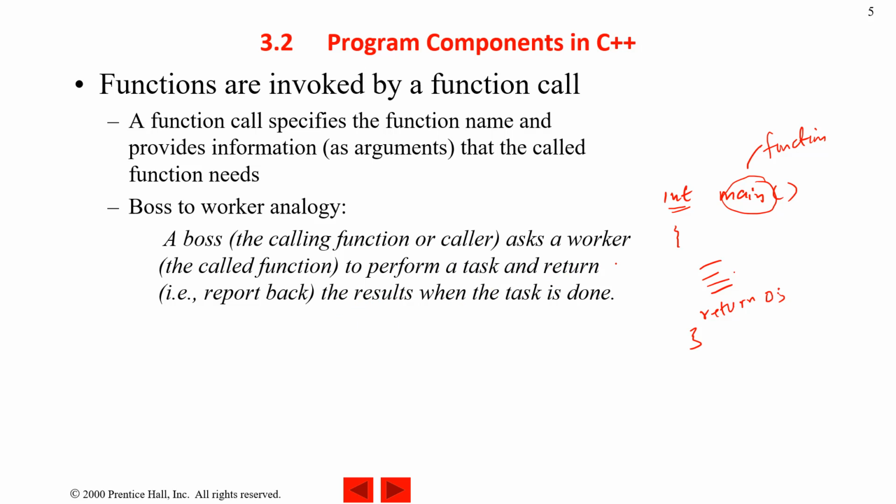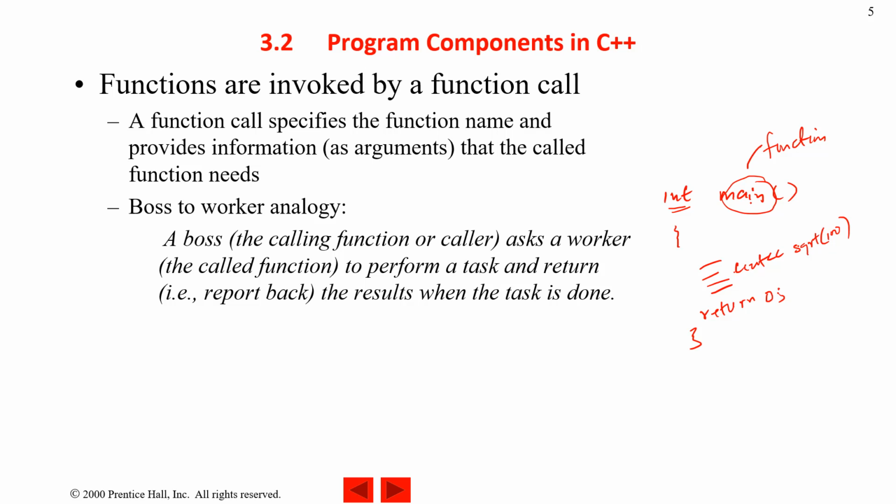So for instance, if in the main you are saying maybe cout sqrt of 100. So basically the main function is asking a function called sqrt, which is included in the cmath library. So you have to include cmath, and it's asking that to calculate the square root of 100 for it.